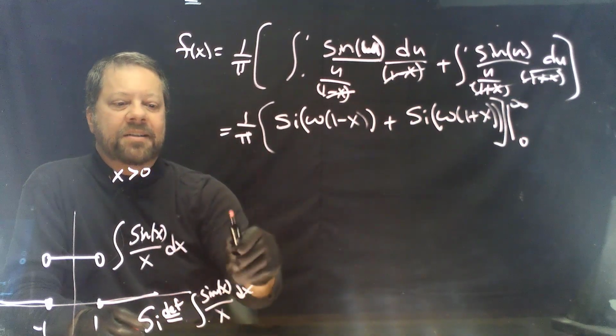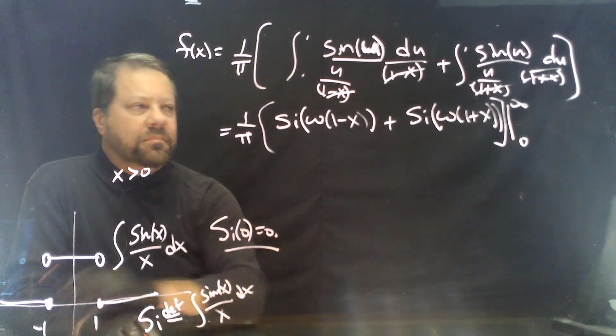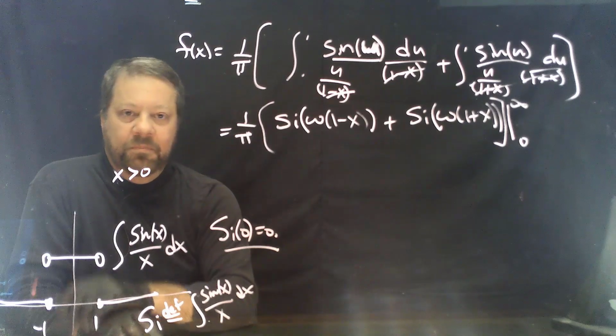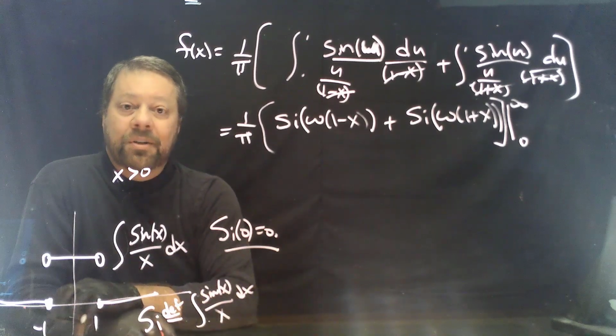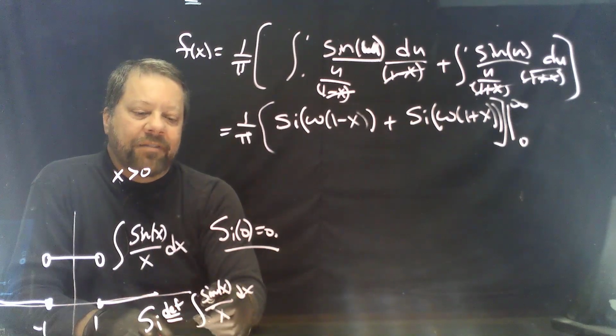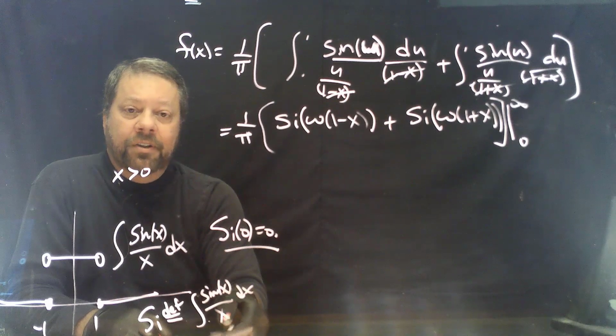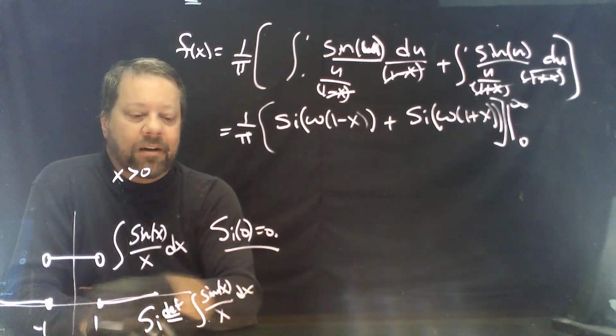We normalize the sine integral so that sine integral of 0 is 0. You can choose whichever constant of integration you want and then adjust it so that you always get 0. After all, we have an odd function divided by an odd function. The integrand is even. When you integrate an even function, you get an odd function.